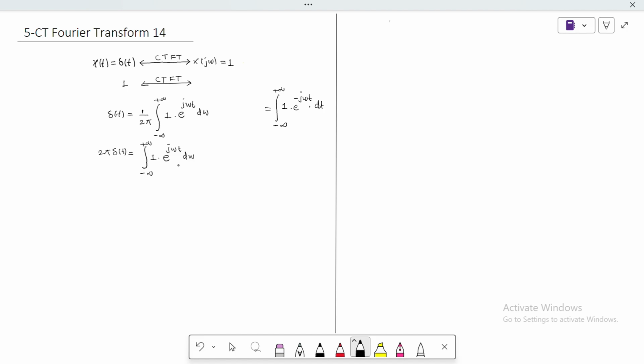So I'm going to replace t equal to omega, interchanging them. So 2 pi del of omega equals integral from minus infinity to plus infinity of 1 into e power j t omega. So in place of the omega, there is a t.